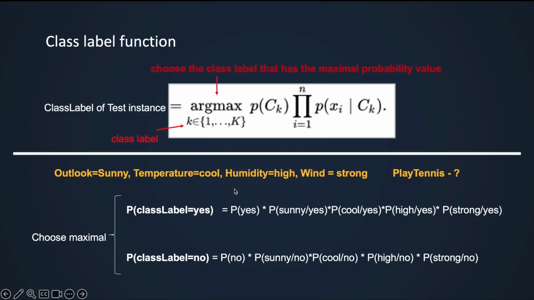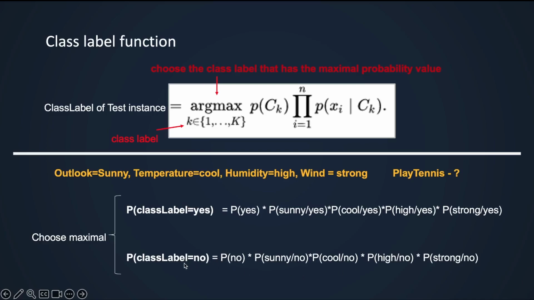How do we do this? First, we take the prior probability of yes times the conditional probability of yes given the outlook is sunny, then the conditional probability of yes given the temperature is cool, and so on.